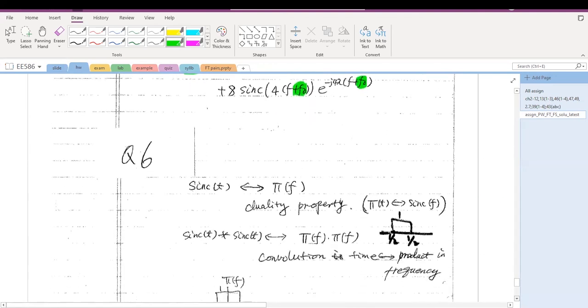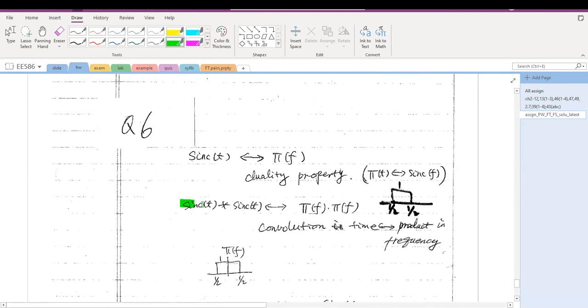So the next question is to evaluate sinc t convolved with sinc t. We can definitely perform the convolution in time, but it's quite involved because we need to do an integral. Now using the property of the Fourier transform, convolution in time is actually product in frequency.